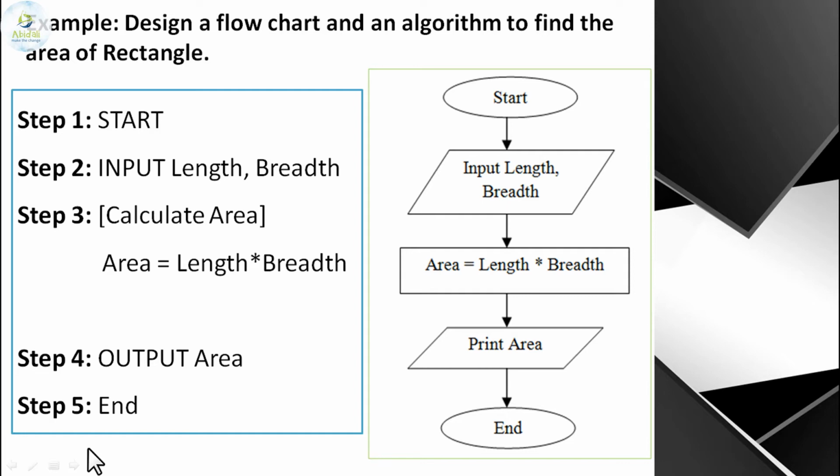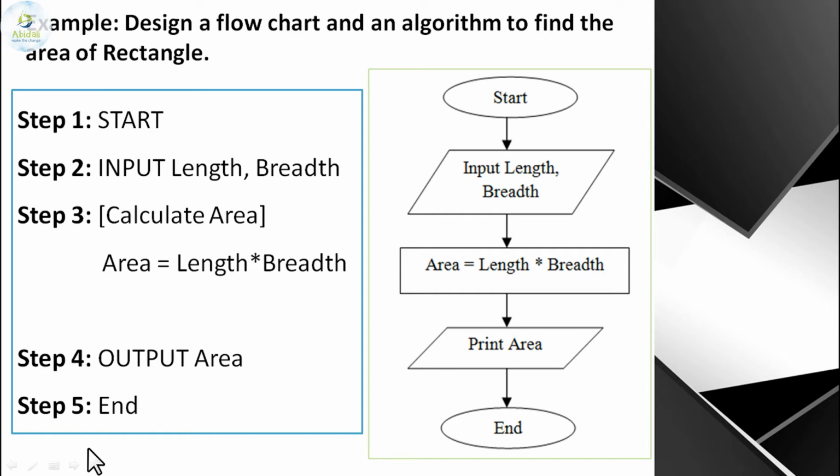Very first, step number 1 start. The formula for the area of the rectangle that you can recall is length into breadth. So we need to get the input of the length and breadth to calculate the area of the rectangle. In step number 2, we take length and breadth as input. In step number 3, we calculate the area.